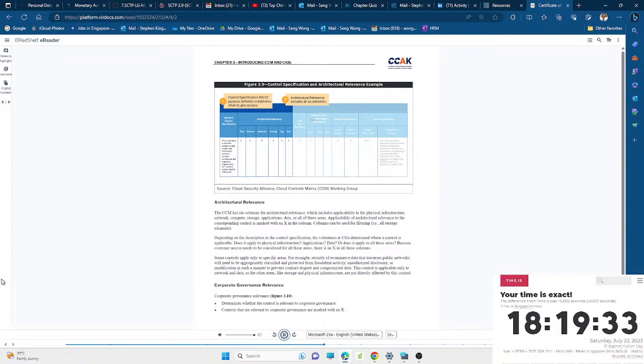Control specification ACE02 purpose: definition establishes when to give access. Architectural relevance includes all 6 elements.